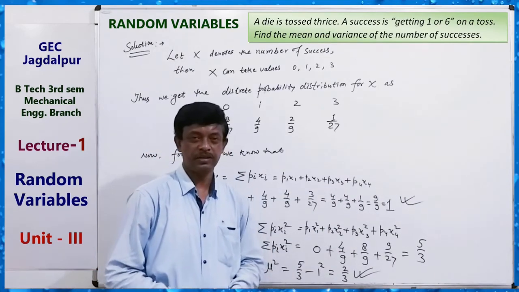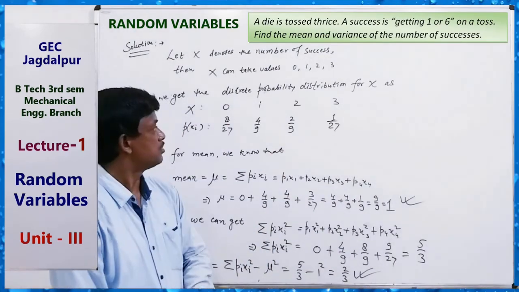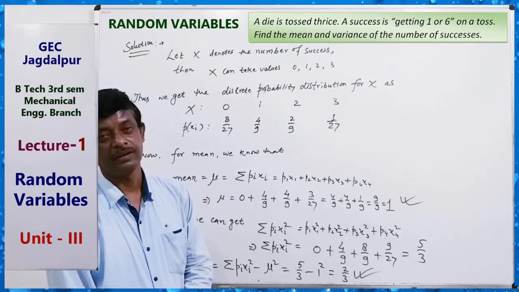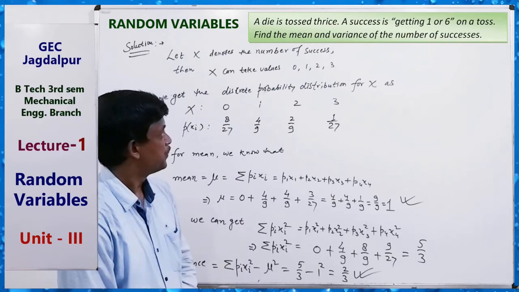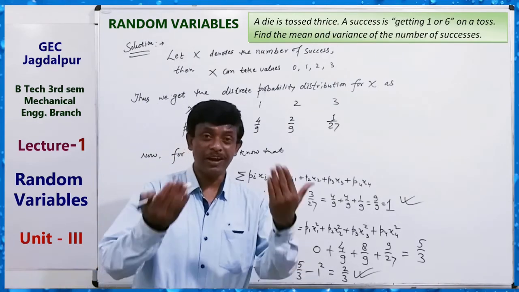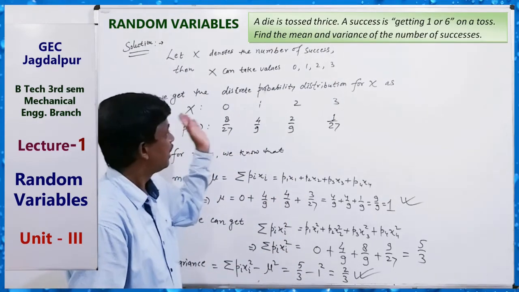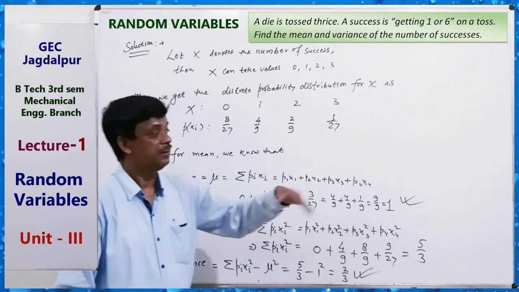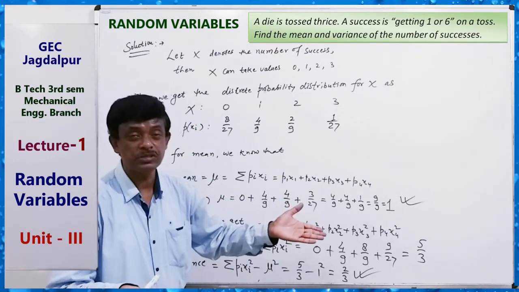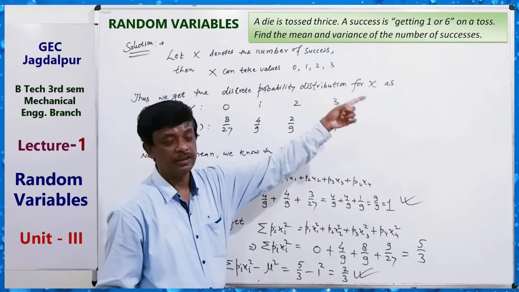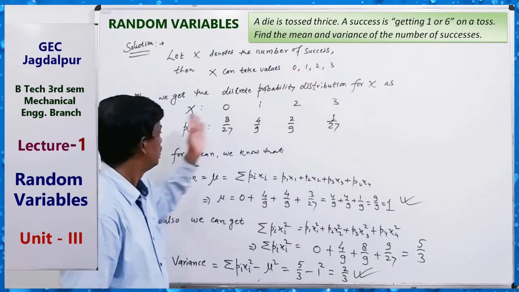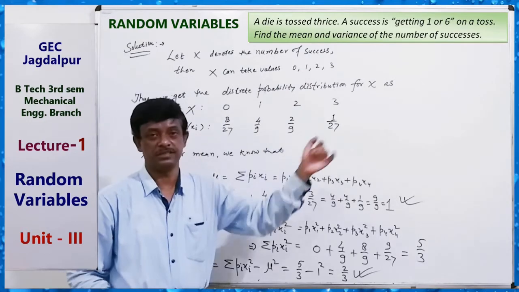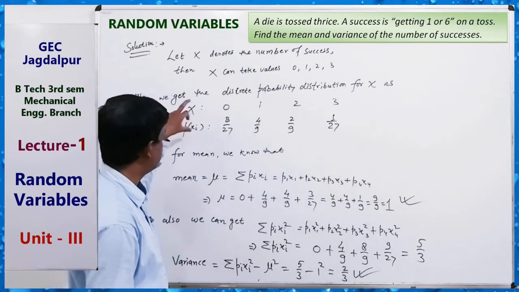So what we do in this question? Here, first of all, we have to identify what will be the random variable and what will be the values of random variable. And corresponding to this random variable, we find probabilities and list them.